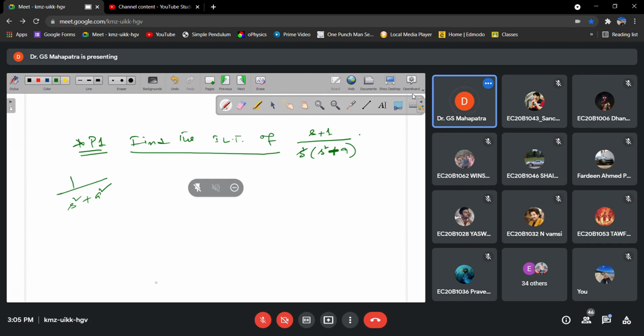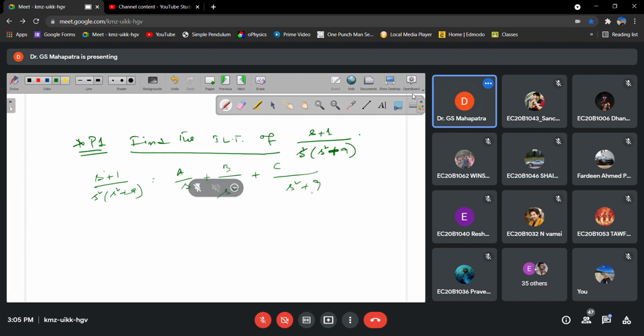These are the hints. Now you have to find the partial fraction, and then you have to find the answer. Since it is partial fraction, long back you have studied, no? So for help, s plus 1 by s into s square plus 9 equals A by s plus B by s square plus C by s square plus 9.